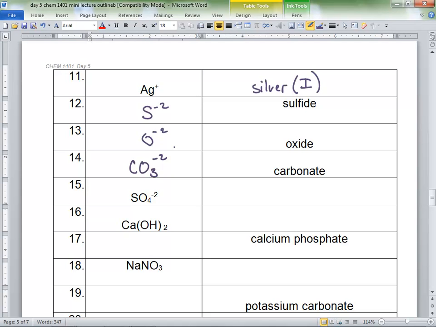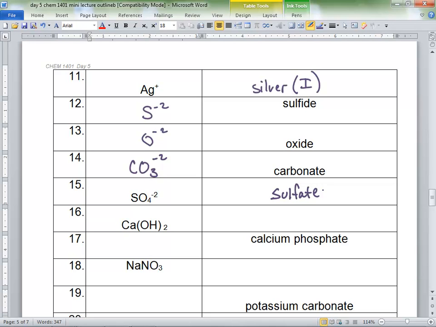Number 15. Sulfate. Now we're starting to name compounds. Because look at this, there's no charges here. This is a complete compound. Before you give an answer, what I want you to tell me is, what game do you play to name it? Do you play the game where you name the cation and the anion, or do you play the Greek prefix game? Cation, anion.